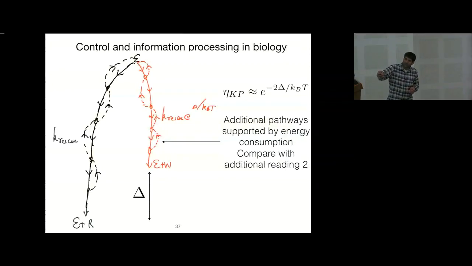You can take these rates and come up with thermodynamic values for power and so on, and see how the energy consumption is crucial to take you from an error rate on the order of e to the power of minus delta over kBT to an error rate like e to the power of minus 2, or in general a larger exponent times delta over kBT.